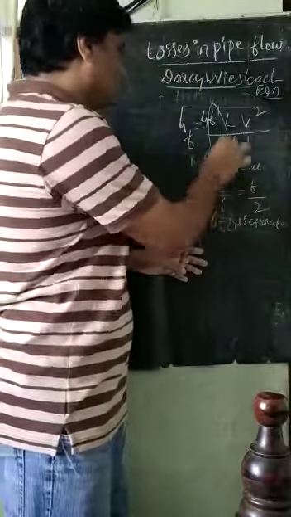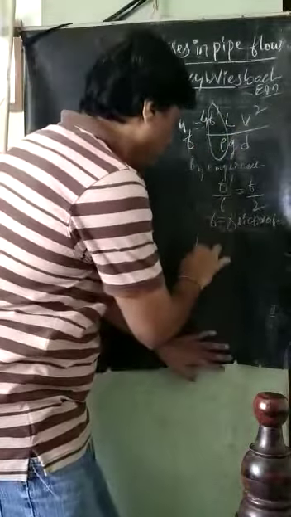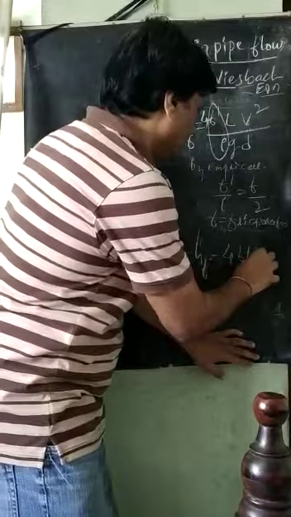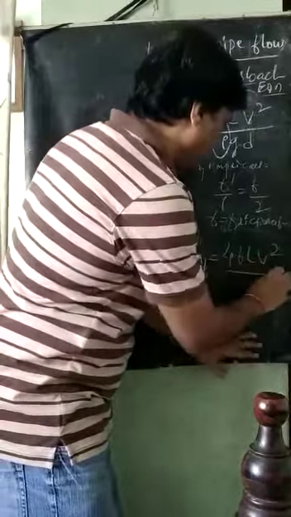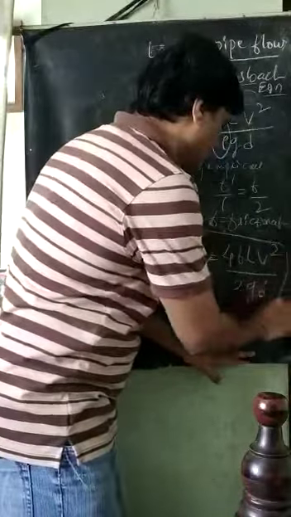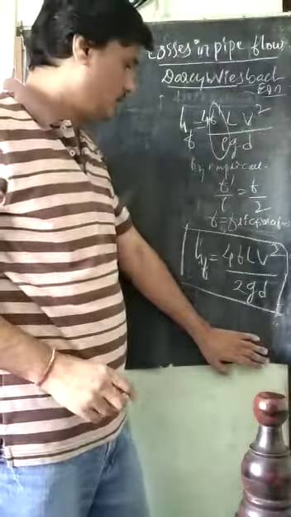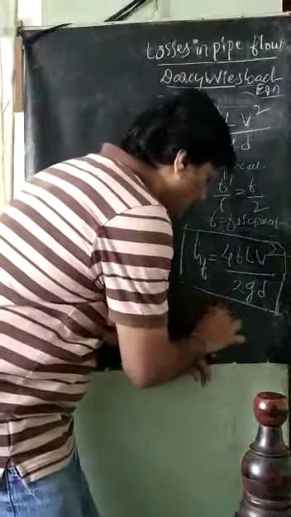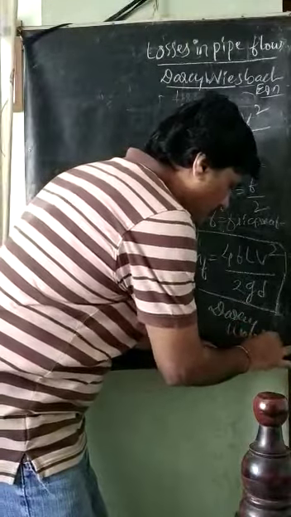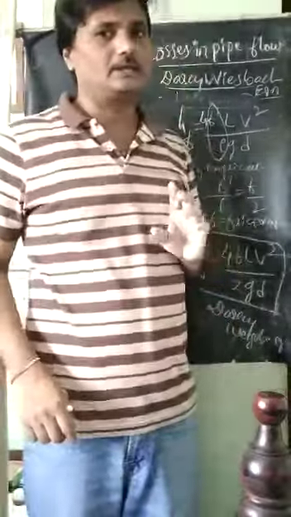If I substitute this F dash by rho in the above equation, hf is equal to 4 F L V square divided by 2 g d. This is called the Darcy-Weisbach equation. It is a very important relation.